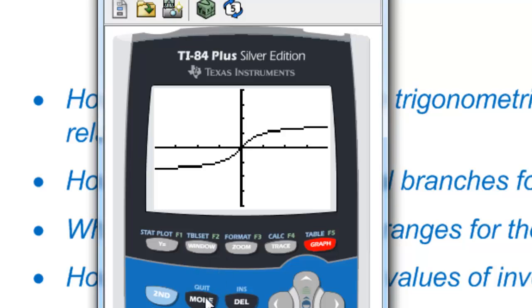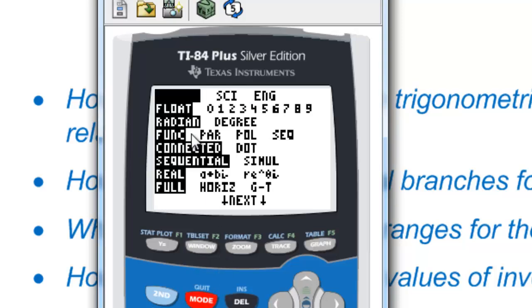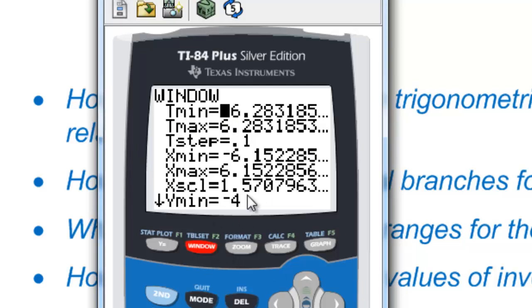I'm going to change my mode to parametric. Now, I'm going to go to my window and make sure that my t values match my x values so that I fill the entire window.